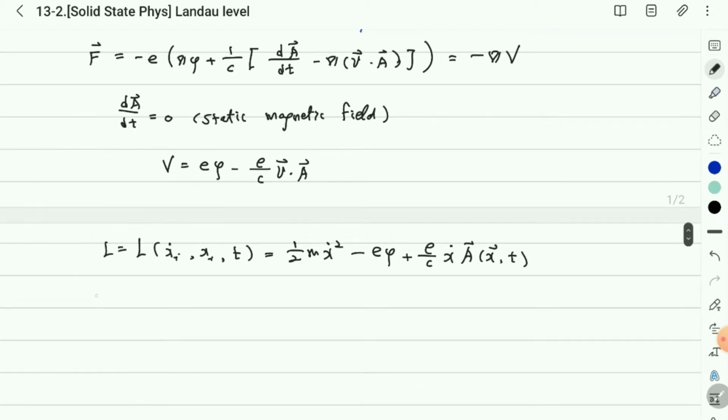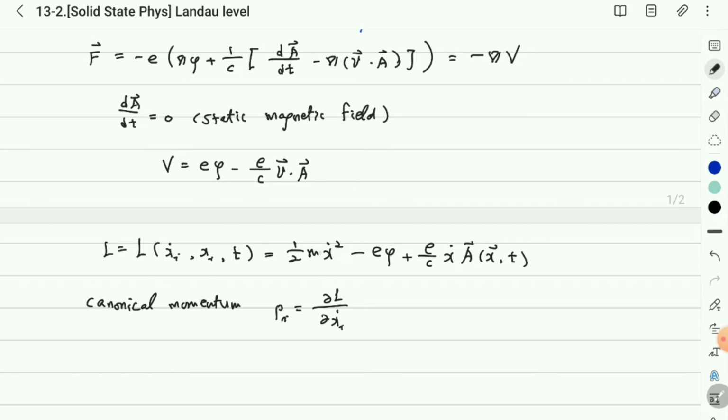The canonical momentum is the Lagrangian component derivative with respect to xi dot.